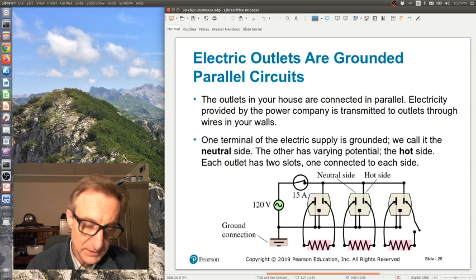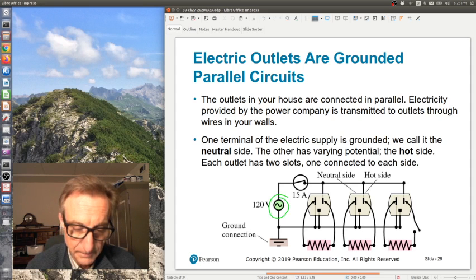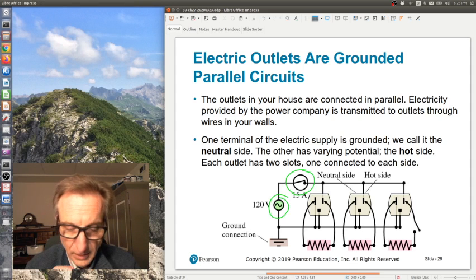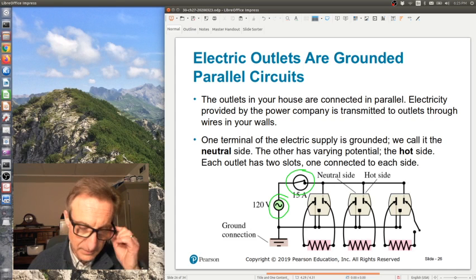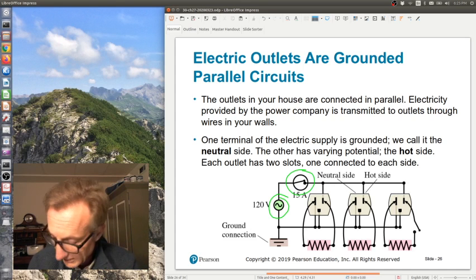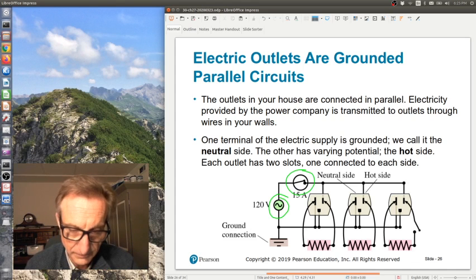And notice in this particular case, here's the supply coming from the power company, and then there is what's called a circuit breaker, which is something that will open the connection to the house in case the current drawn by various devices in the house exceeds a certain value.